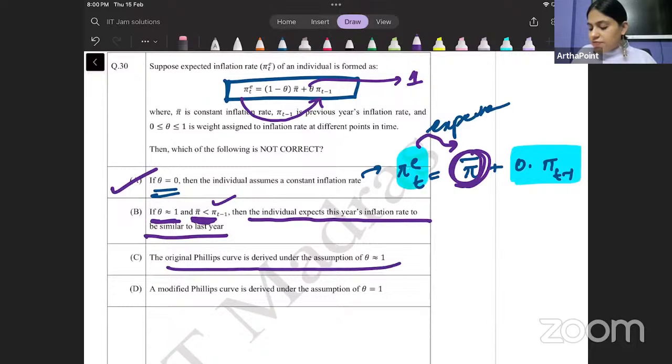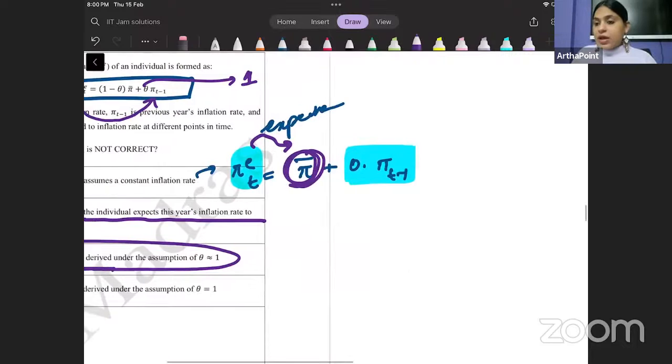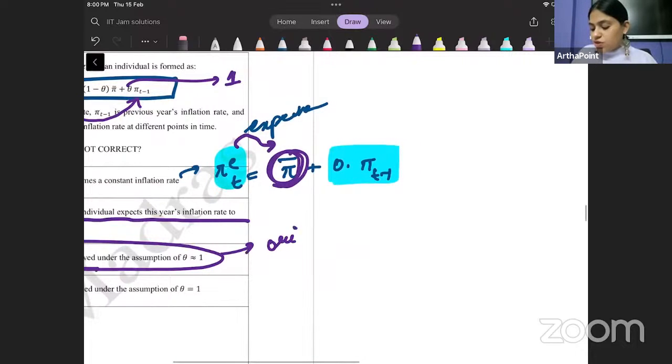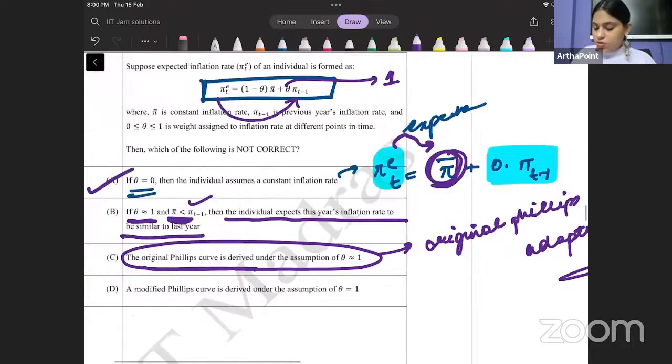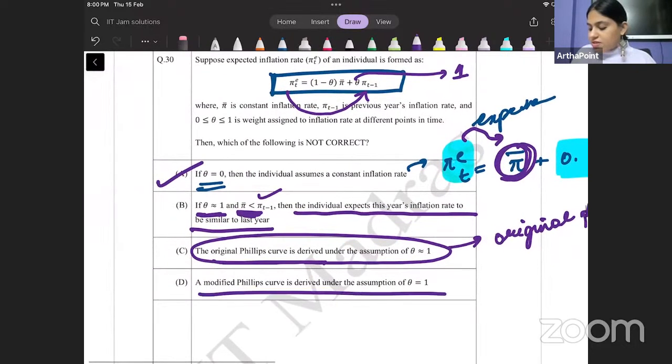Original Phillips curve is derived under the assumption that theta is approximately equal to 1. Yes, basically the original Phillips curve was under adaptive expectations, beta, not under rational expectations. A modified Phillips curve is derived under the assumption of theta equal to 1.